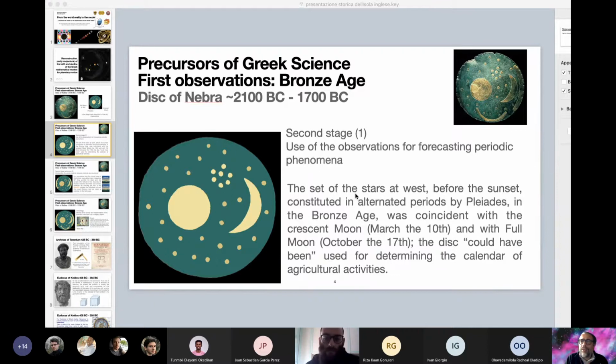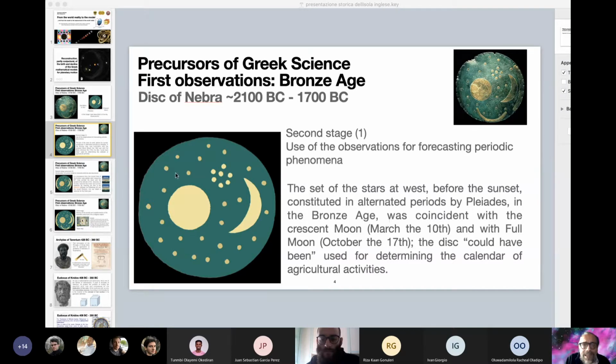The set of the stars at west before the sunset, constituted in alternated periods by Pleiades in the Bronze Age, was coincident with the crescent moon, which means March the 10th, or with the full moon, October 17th.